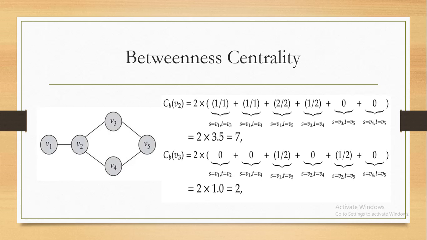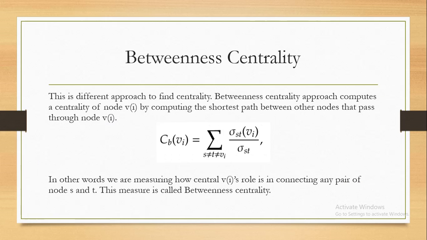Now we have a social graph with 5 nodes: V1, V2, V3, V4, V5. If we want to calculate the betweenness centrality of node V2, our formula was rho_st(V_i) upon rho_st. Here rho_st means the number of all shortest paths from S to T, and rho_st(V_i) means the number of those paths which pass through the node V_i.